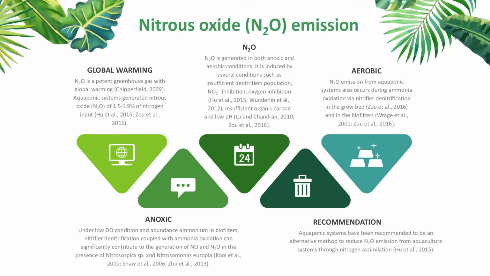Nitrous oxide is generated in both anoxic and aerobic conditions. It is induced by several conditions such as insufficient denitrifiers population, nitrate inhibition, oxygen inhibition, insufficient organic carbon, which comes from the plants or the animals, and also low pH.